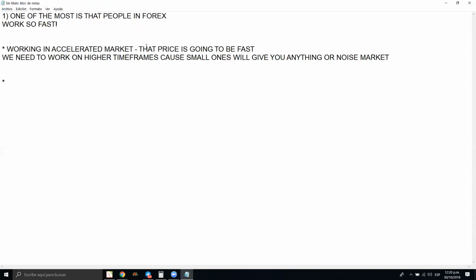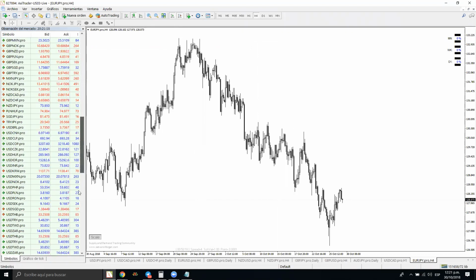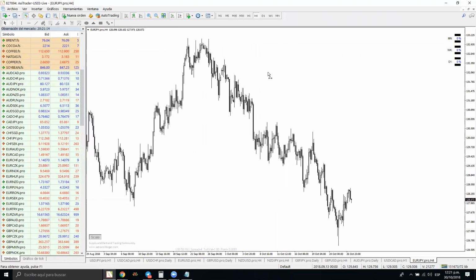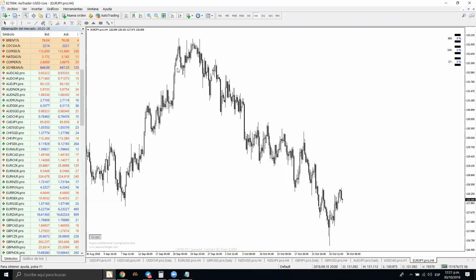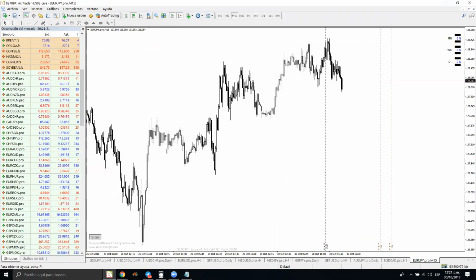Okay, so let's first see an example about price. Let's see this chart from Forex. This is H4. Let's also look at another market that is not Forex. Look, we can see that the price is moving with a lot of oscillation, and in a smaller time frame it's going to be worse, worse, worse.